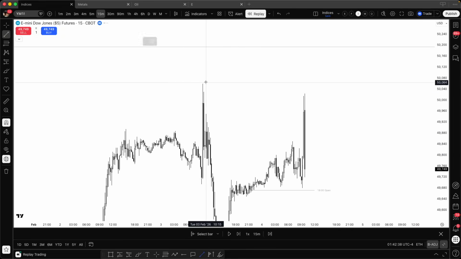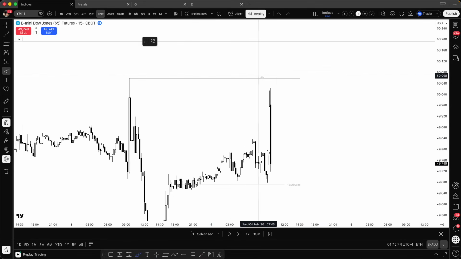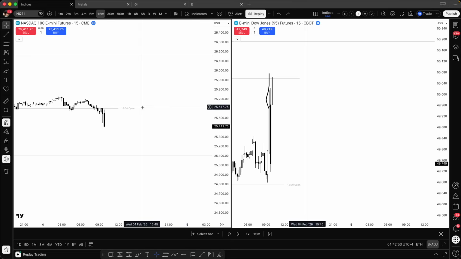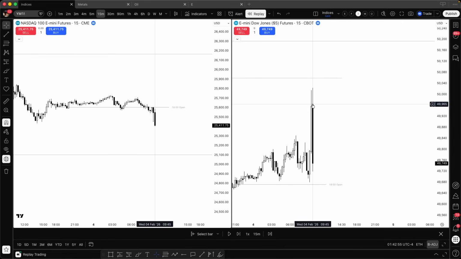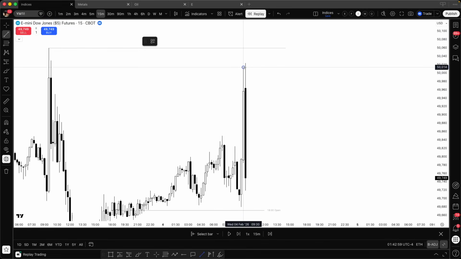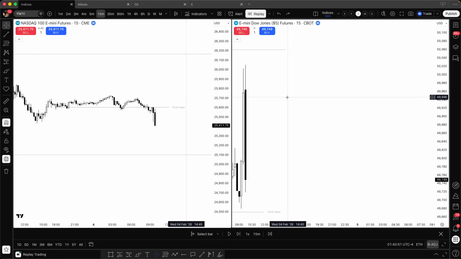It's also kind of ugly because YM left these equal highs. I would have given it grace if the ideal scenario here was that YM sweeps this high, and we get a strength switch where YM doesn't sweep but NQ sweeps something. That is your asset synchronization, but we never got that. We also left equal highs. I would have given it some chance if we actually didn't sweep this high and NQ did.